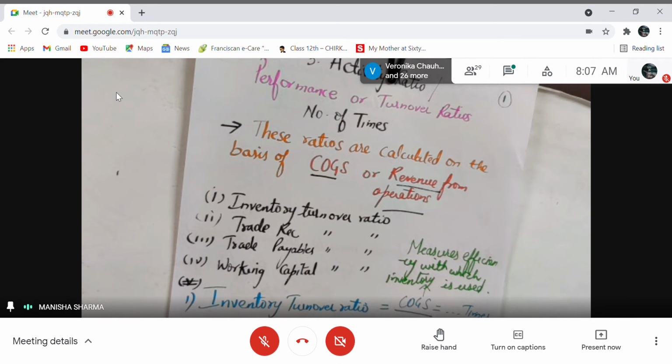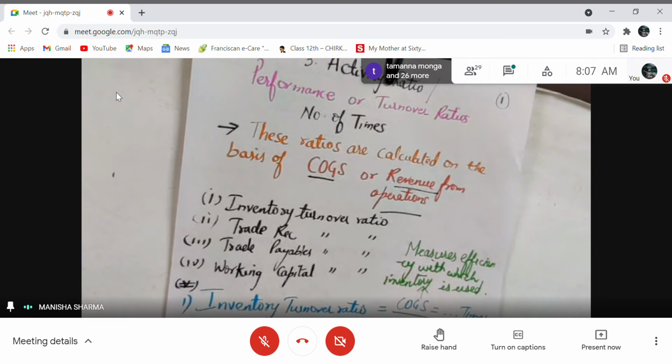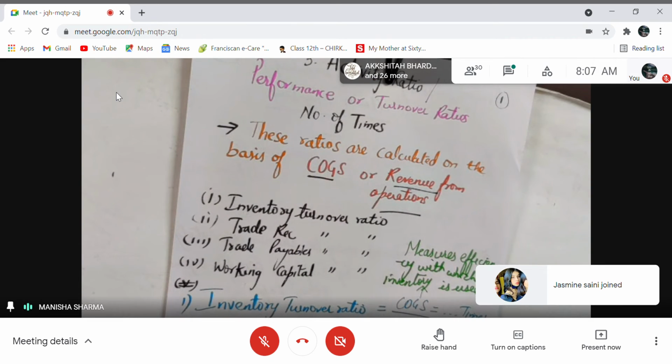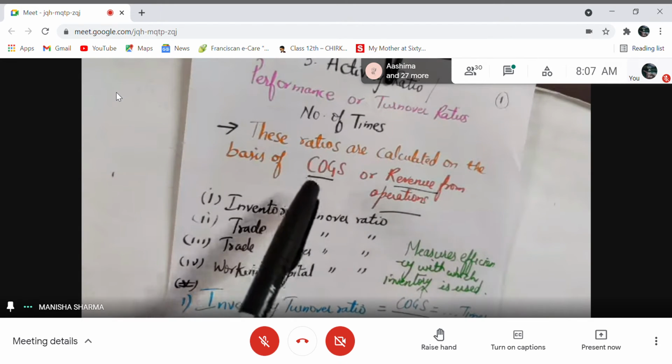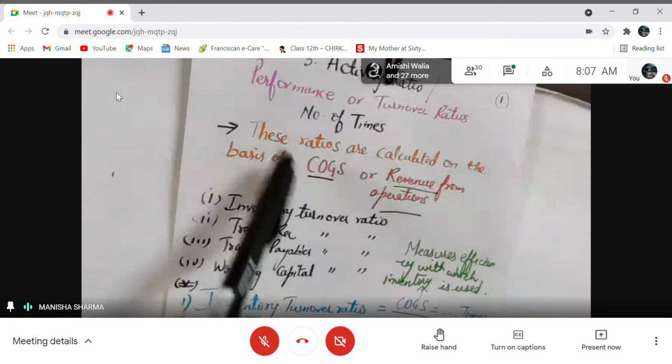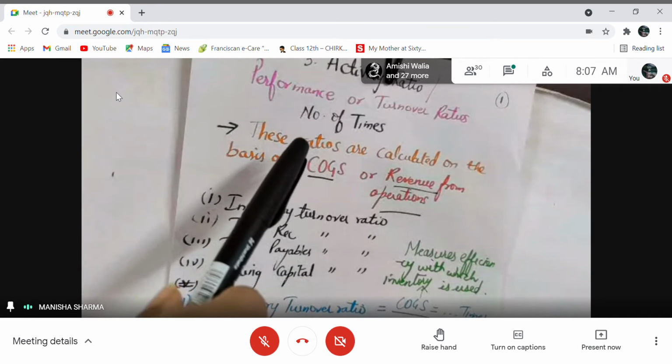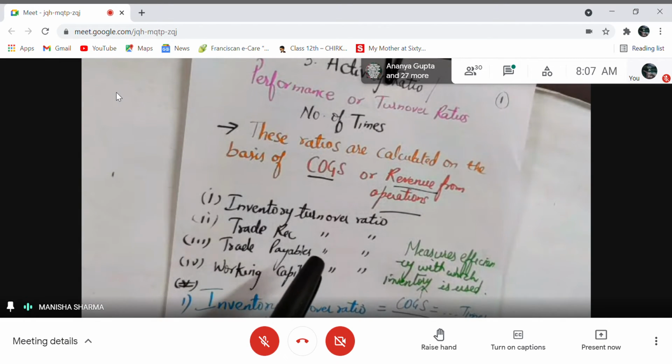If the word cost of revenue from operations is used, it means COGS only. Or sometimes the information related, directly or indirectly, to cost of goods sold is not available in the question. Then in that case, we use revenue from operations.